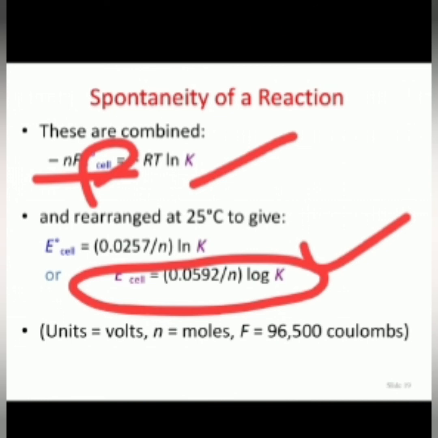Here n is the number of moles of electrons, and F is 96500 coulombs, used for calculation purposes only.